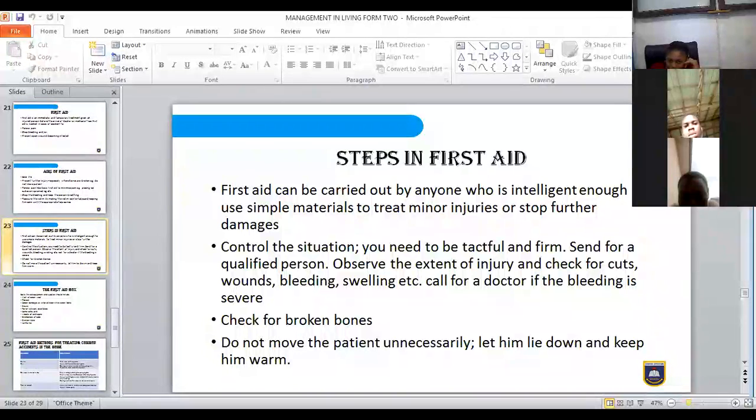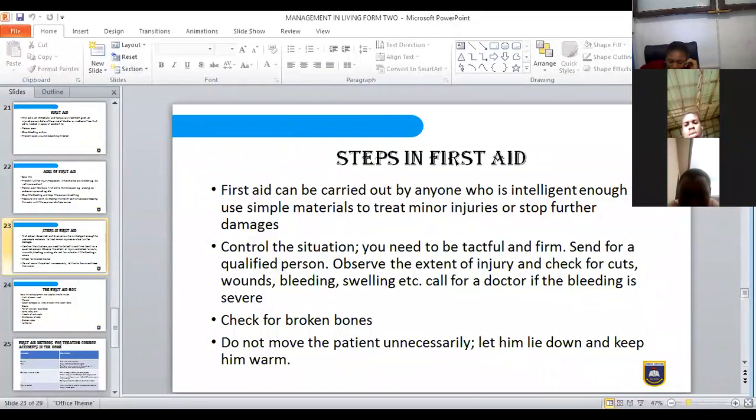So you have to make sure that you use simple materials that will not cause further damage to the injured person. And also, like you said, you need to control the situation. Your duty as a first aider is not to give a complete healing.